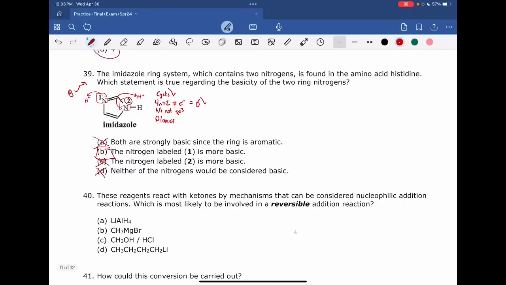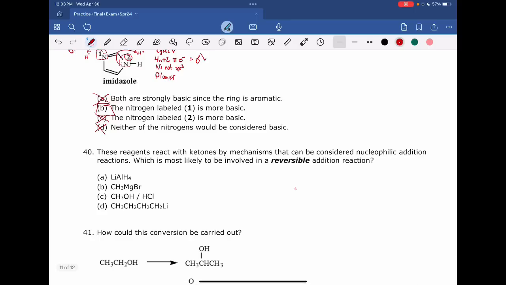Okay, so 4D. These reagents react with ketones by mechanisms that can be considered nucleophilic addition reactions. Right. Nucleophilic addition, ketone. You have a nucleophile, so all of these could be nucleophiles.